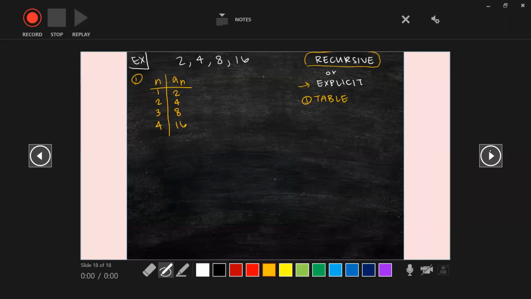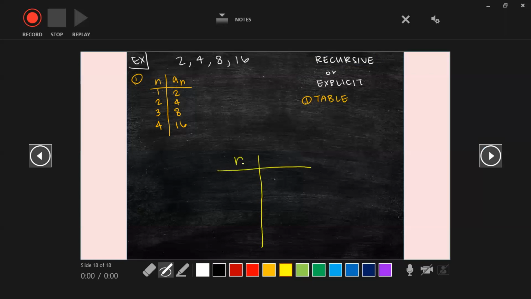Why did you think it was recursive, Josh? There's no n variable. Yeah, well, there's no a sub n listed here either. What I want you to remember is this.